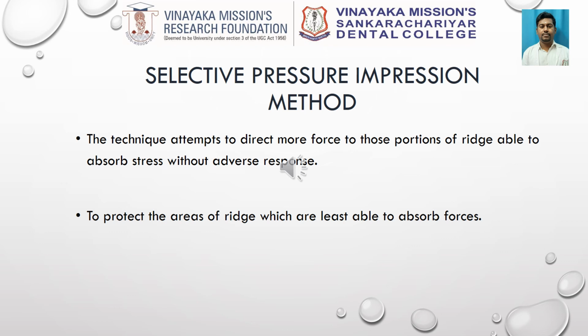Likewise, the slopes of the residual alveolar ridge are also your primary stress bearing areas. So all the stresses which are concentrated in the mouth should be directed towards the slopes, but never to the crest of the residual alveolar ridge, because a crest is a pinpointed structure. So any load on top of this particular structure will lead to resorption of the alveolar ridge.